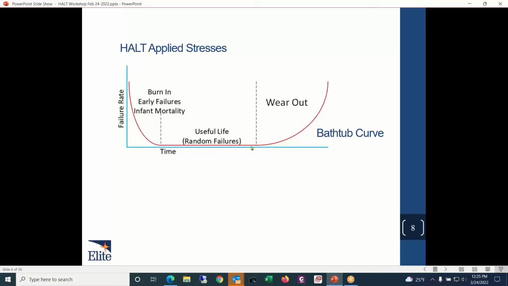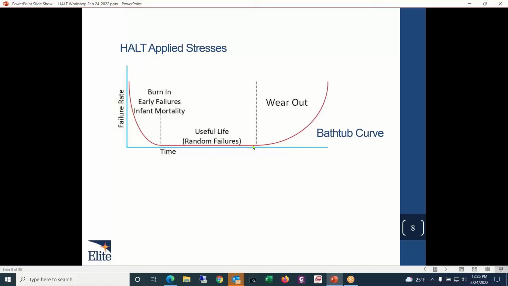But eventually, as time continues, some of those other degradation modes, electromigration, dendritic growth, Kirkendall voids, there's a whole series of these time-dependent failure mechanisms that tend to add up, and eventually the product will wear out and fail at that point.